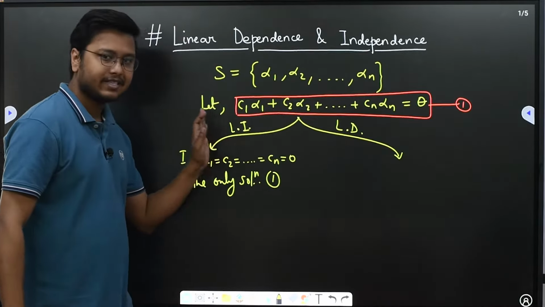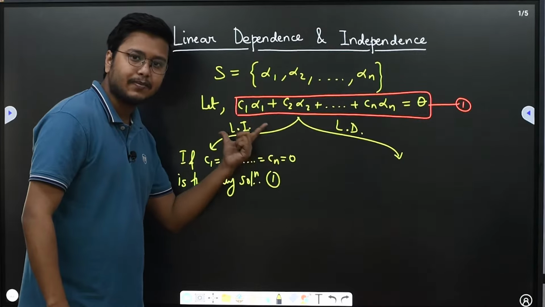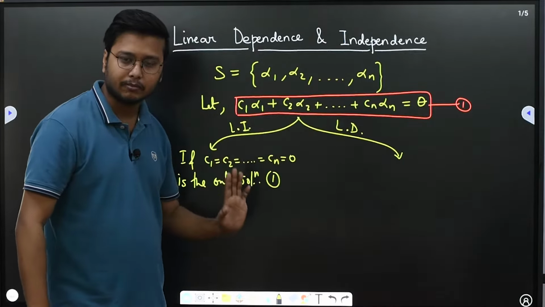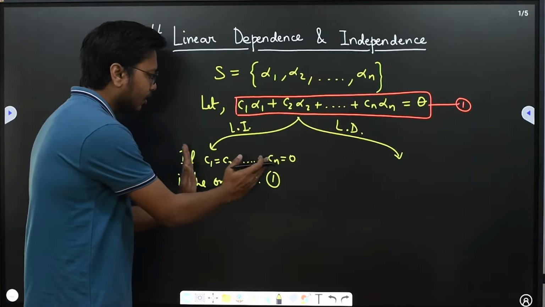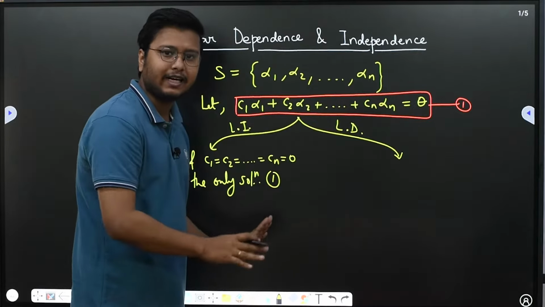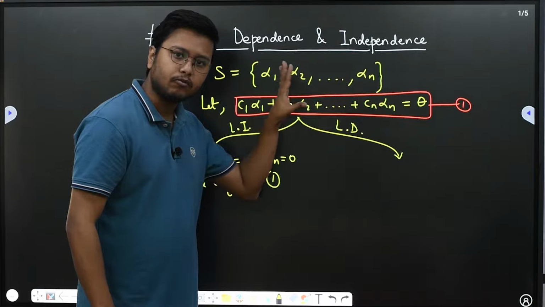So the set is linearly independent if all the constants are specifically 0, and that is the only solution of equation number 1. This is basically called the trivial solution, because if all the constants are 0, it automatically satisfies the equation. So this solution is always going to be there no matter what.